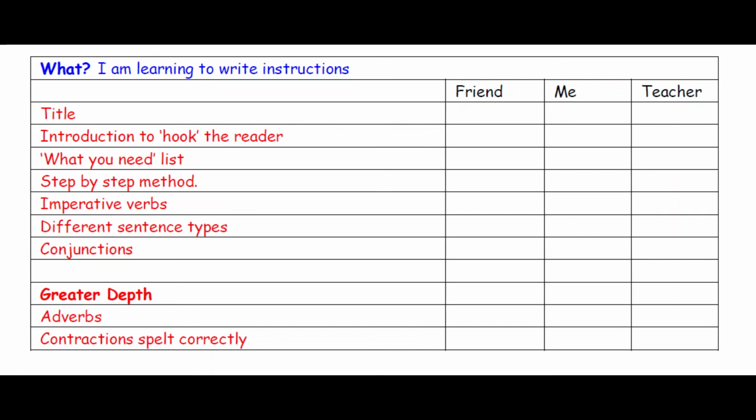So you can tick in the me column. And if there are any things you haven't included, don't worry for today, because tomorrow we are going to look back at this piece of writing and edit it. Okay, so do your best today and we will improve it tomorrow. Okay, off you go. Bye.